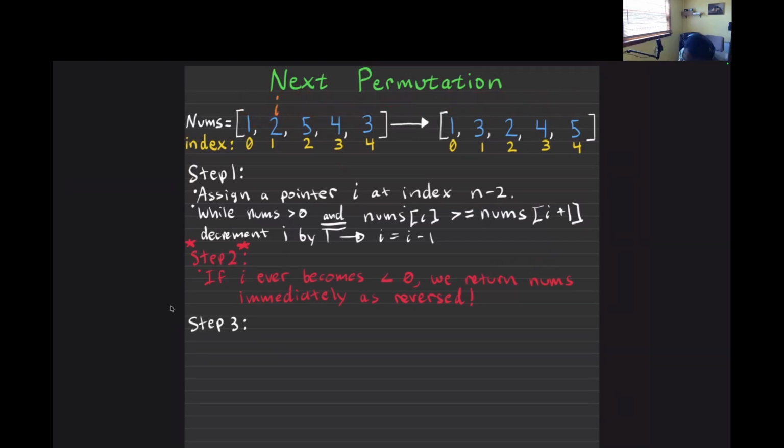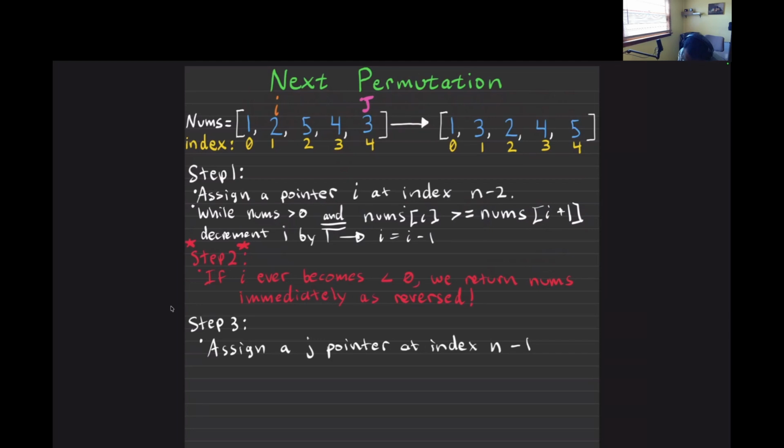So for step 3, we're going to assign a j pointer at index n minus 1 this time, okay? So let's create a j pointer here. And we need to use a for loop that works backwards from right to left, okay?